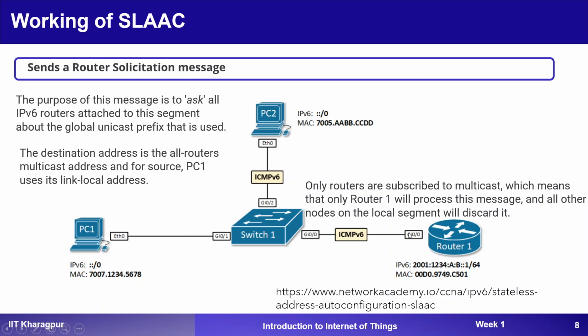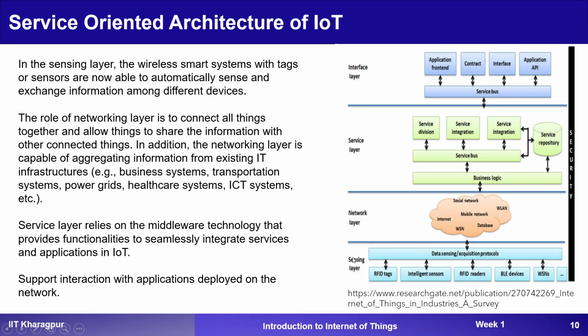The layers are sensing layer, network layer, service layer, and interface layer. First of all, the sensing layer. This sensing layer is responsible for the sensing of data, for the collection and acquisition of data which we get from various sensors, RFID readers and various devices.